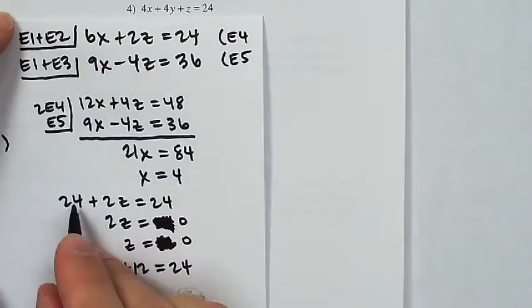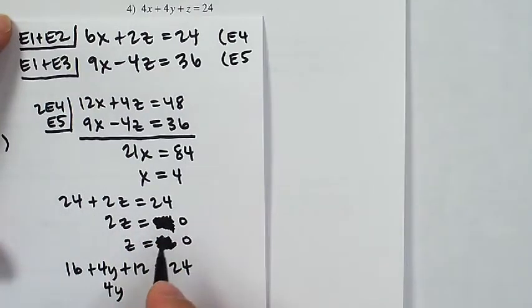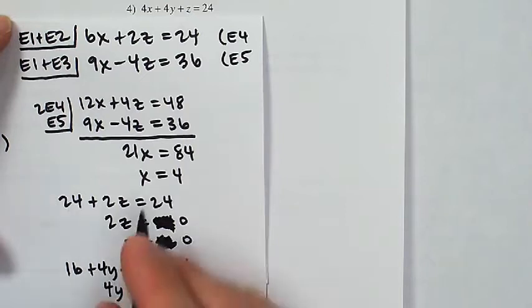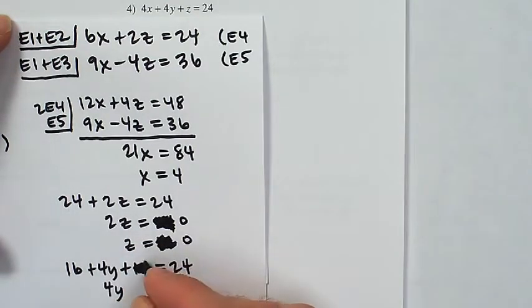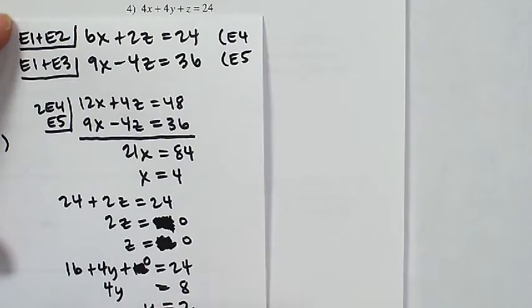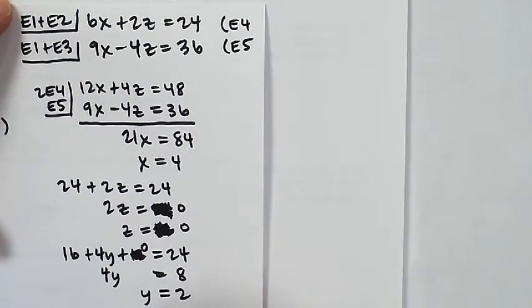Yeah, because when I did 24 minus 24, that needs to be 0, not 24. All right, and then from here, z being 0, yeah, that's more like it. 4y is going to be 24 minus 16 is 8, and then I divide both sides by 4, and I get y equals 2. Okay. So my solution is going to be x equals 4, y equals 2, and z equals 0.